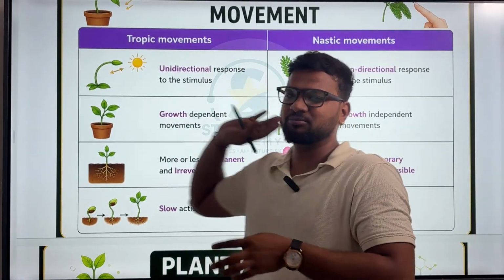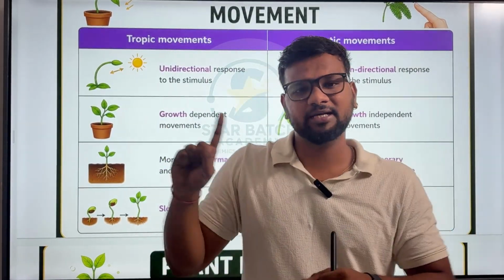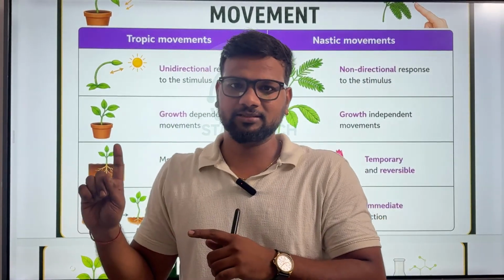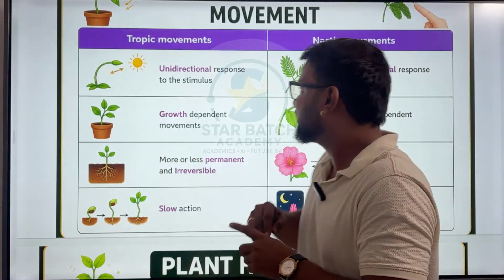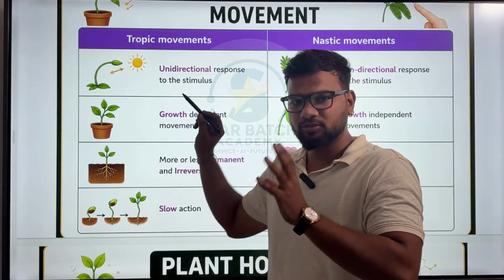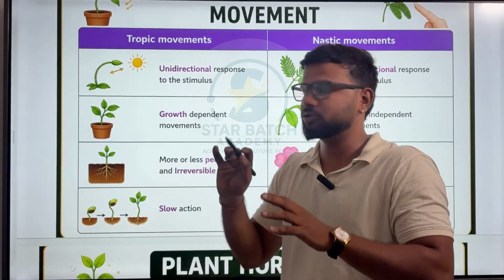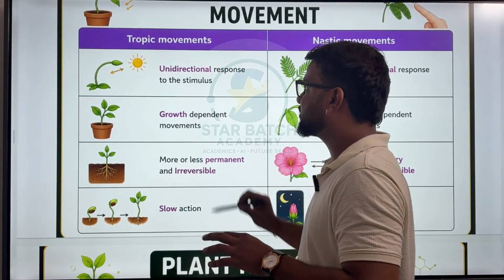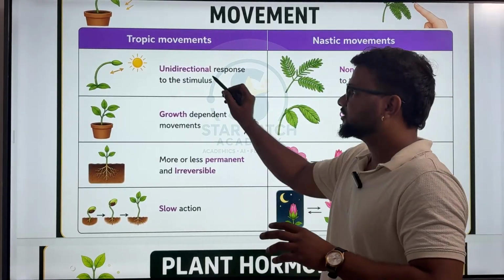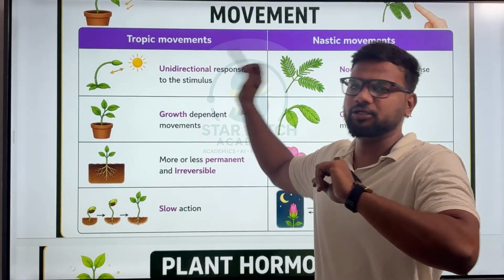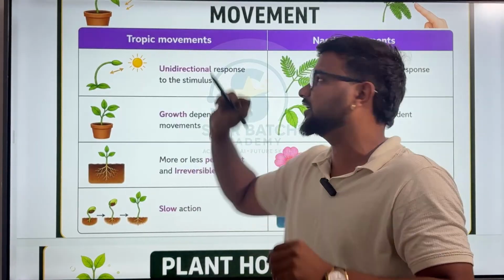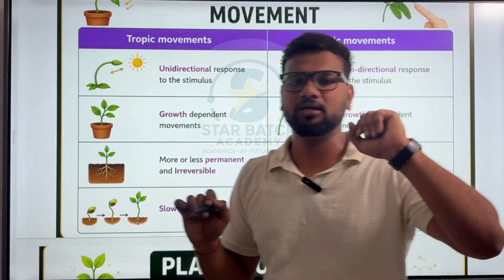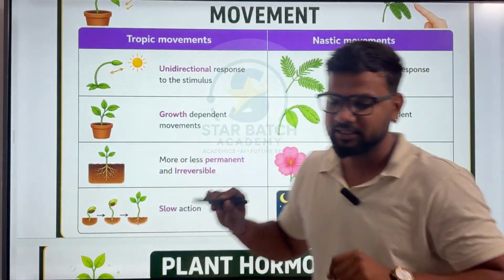It responds to the stimulus. Sorry, it is unidirectional, where the growth is towards the stimulus. This is the tropic movement we were discussing.